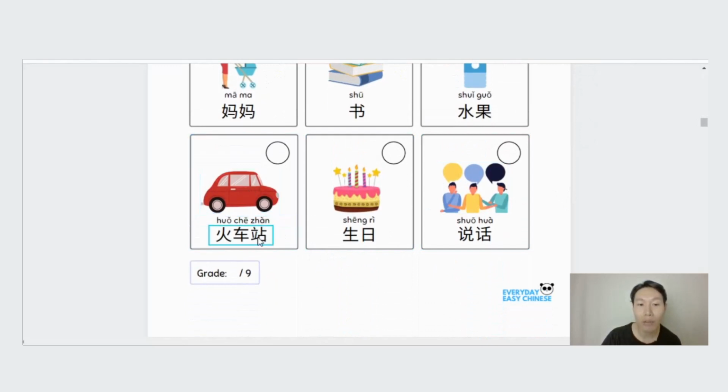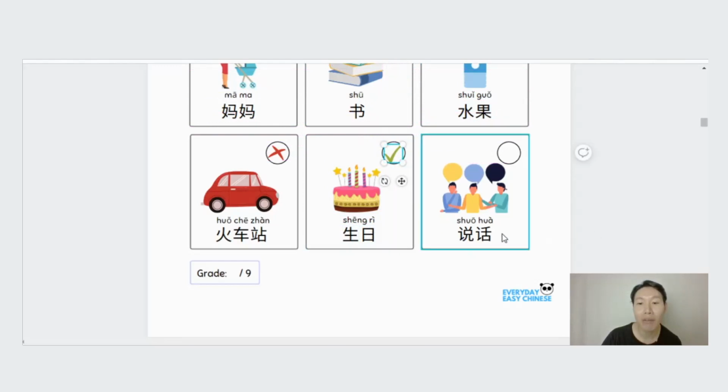A 站 over here usually means stop. Although 车 means car, this is some type of stop. 火车 means train. So it's a train station or train stop. So this is incorrect.